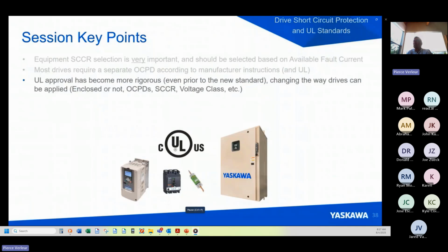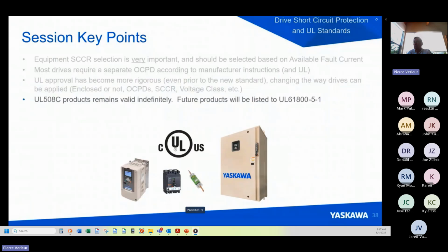Next, UL approval has become much more rigorous, even prior to the new standard, changing the way drives can be applied, such as enclosed or not, which protection device is chosen, what's required for short circuit current rating, voltage class, etc. Again, UL approval has become much more rigorous.